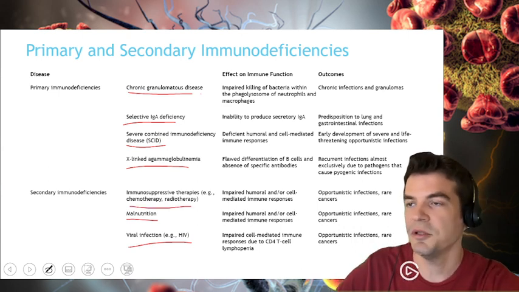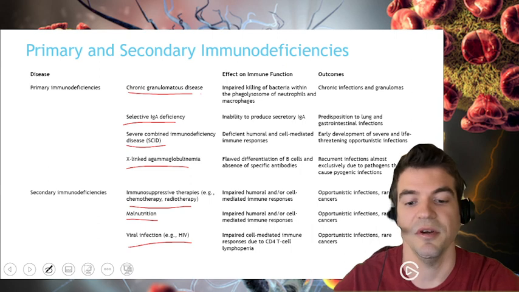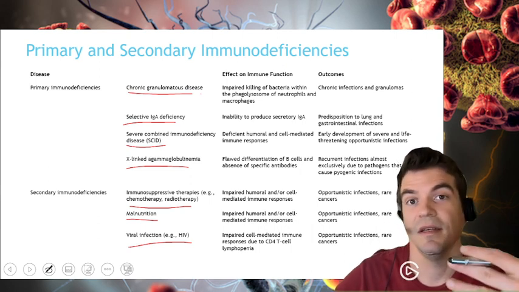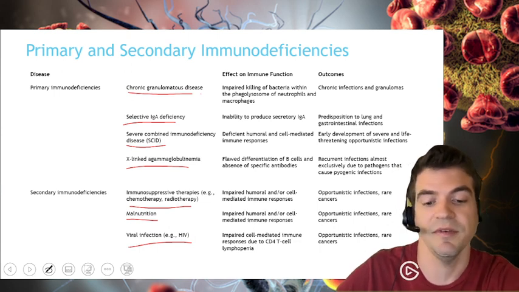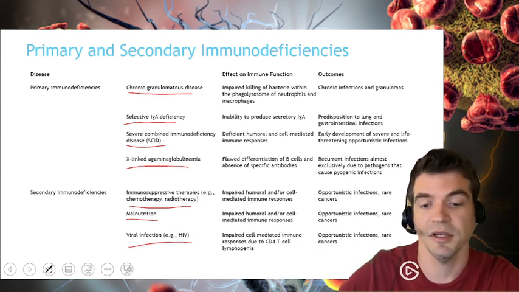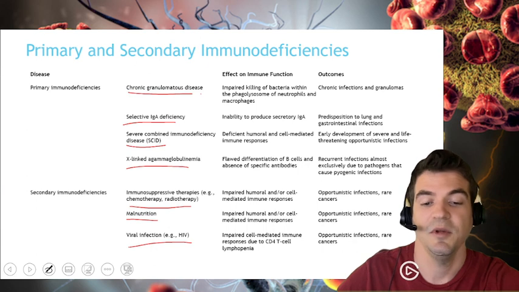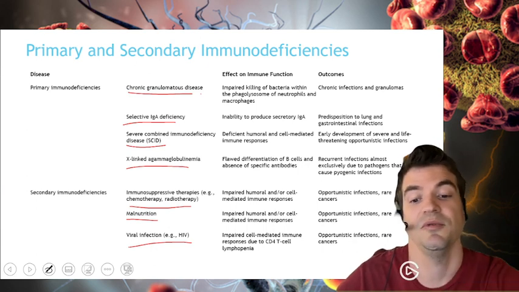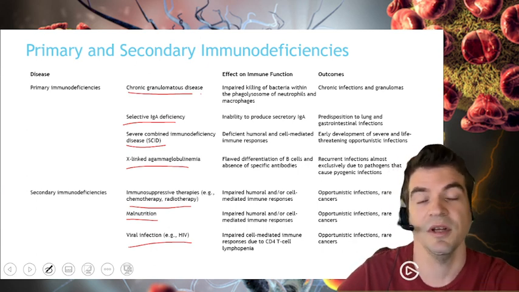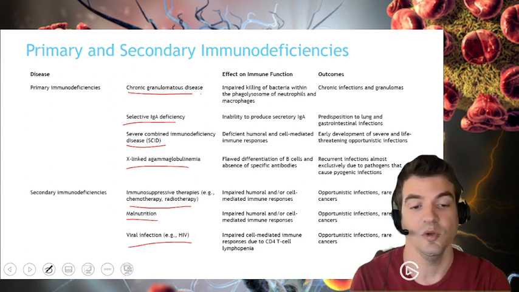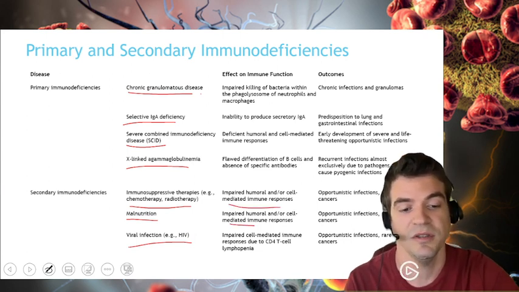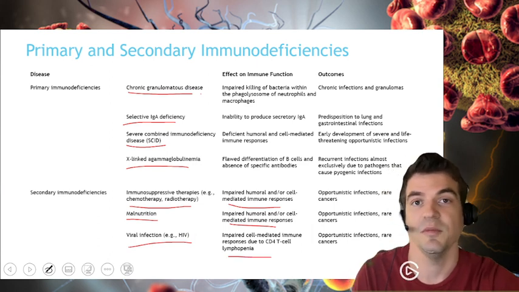You can see all those secondary immunodeficiencies are caused by you living. Malnutrition, you not getting enough energy; viral infection, you acquiring a sexually transmitted disease; immunosuppressive therapies, you had to treat yourself with chemotherapy for another disease. All of these can lead to impaired humoral responses and impaired other immune responses.